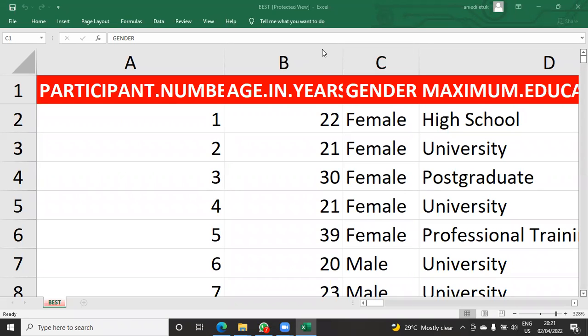Nominal data refers to categorical data that cannot be ranked.